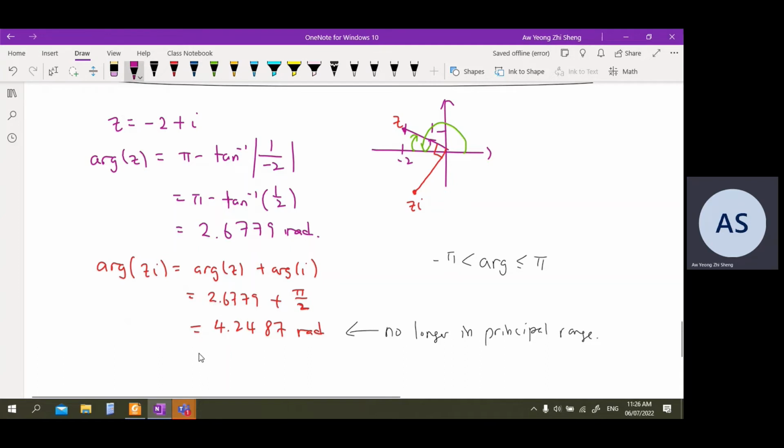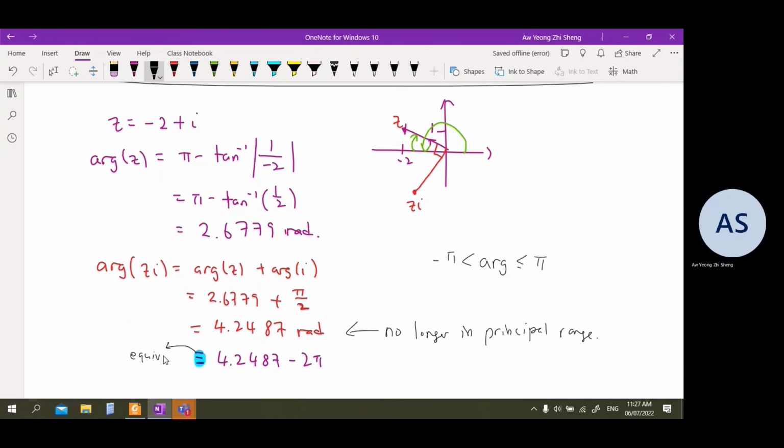So here, it will be a bit problematic if we write equal here, because 4.2487 is not the same as 4.2487 minus 2 pi. They are numerically not the same. And so to fix this issue, I will just use a triple horizontal line here. And so here, the triple horizontal line doesn't mean an identity, it means equivalent. So in this context, the triple horizontal line can mean equivalent.